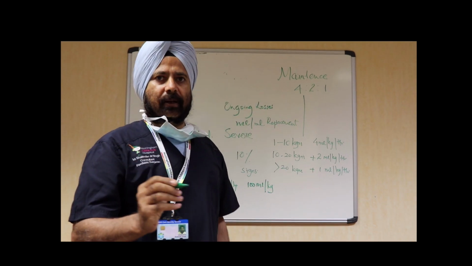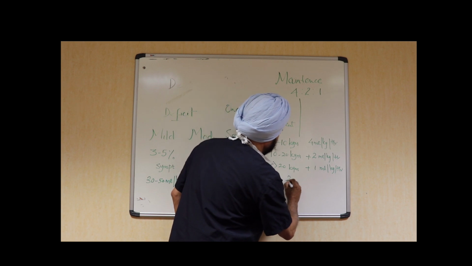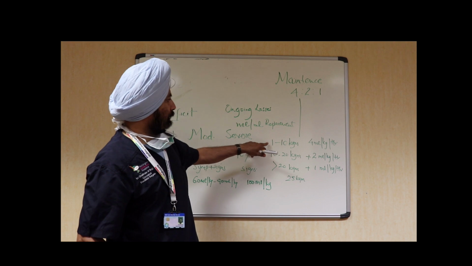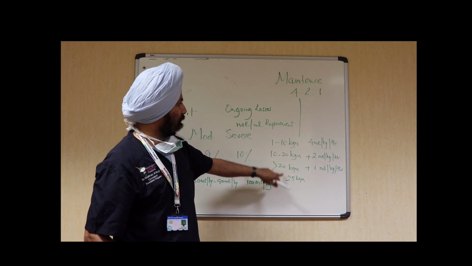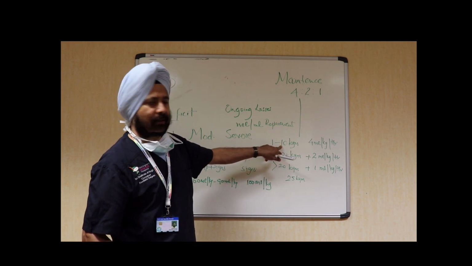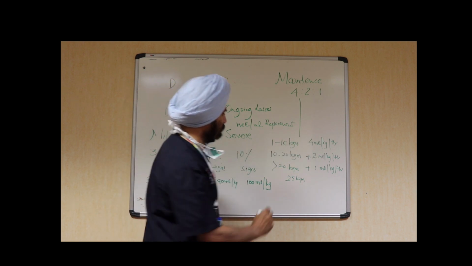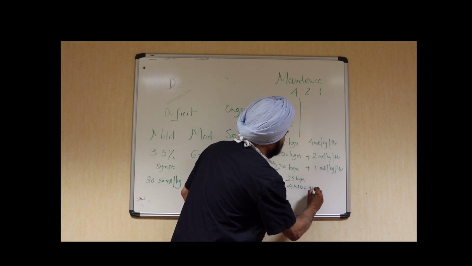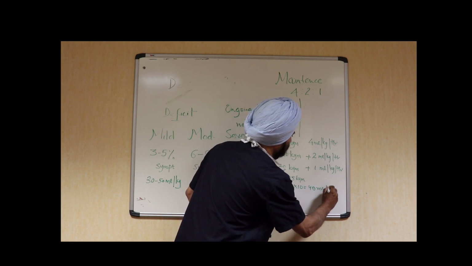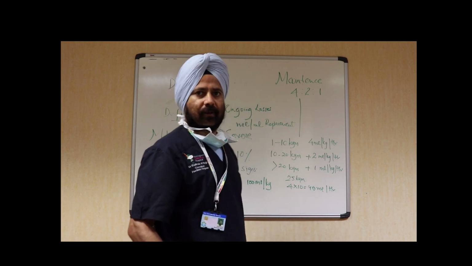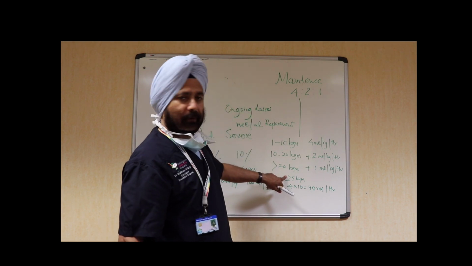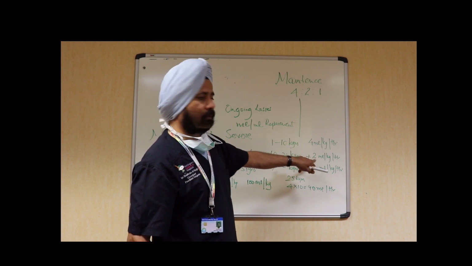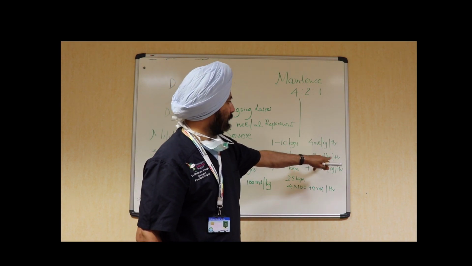So if we calculate the maintenance fluid for a 25 kilogram child, as you can see, the first 10 kilogram of the 25 kilogram falls into this category. So that will require 4 into 10, 40 mils an hour of the crystalloid solution. Now, the next 10 kilogram of this 25 kilogram falls into the second category, which gets fluid at the rate of 2 ml per kg per hour.